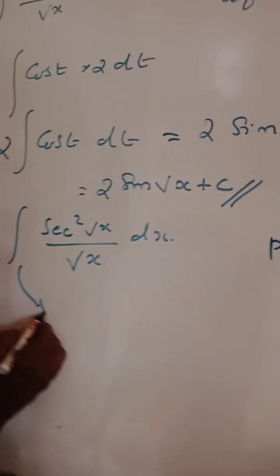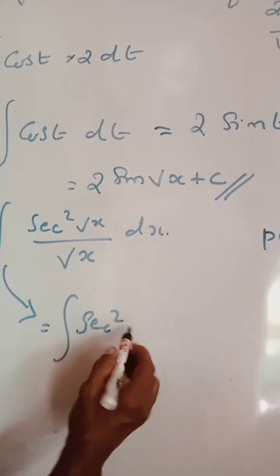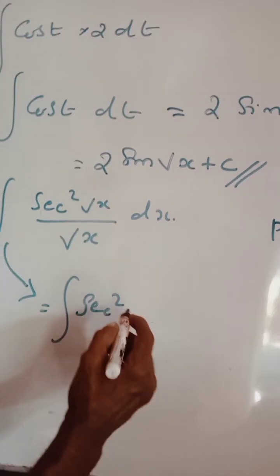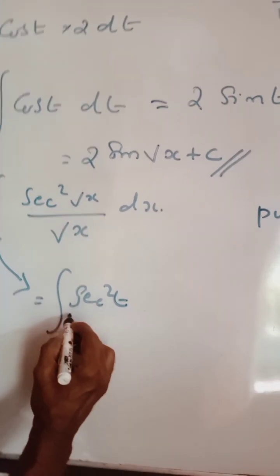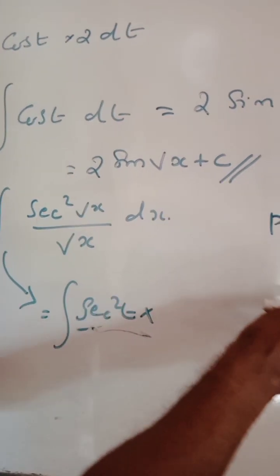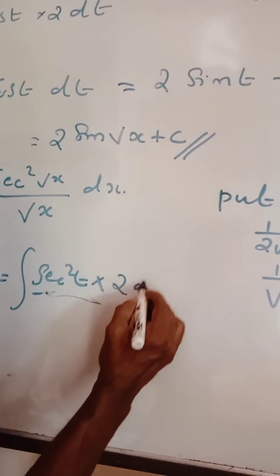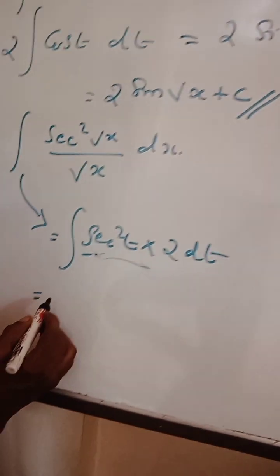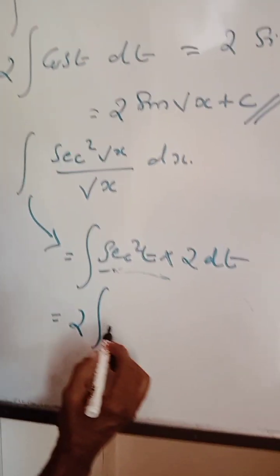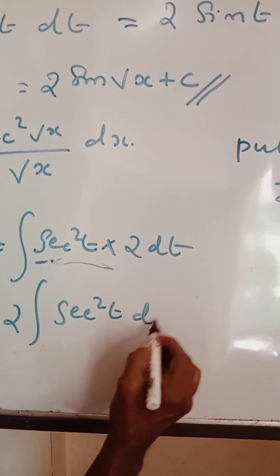So this is equal to the integration of sec square, instead of root x we replace t, and instead of 1 by root x dx we replace 2 dt. This is equal to 2 into the integration of sec square t dt.